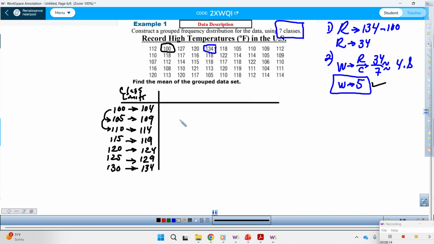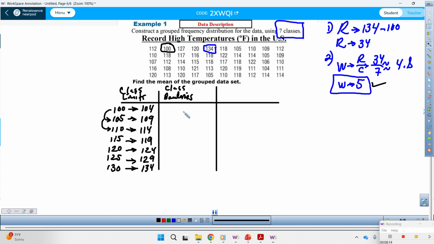What do we label the next column, everyone? Class boundaries. Let me draw a line down. All right. Here we go. Class boundaries. Can you give me the first class boundaries, please? Before Sam does that, tell your neighbor how to find the class boundaries.